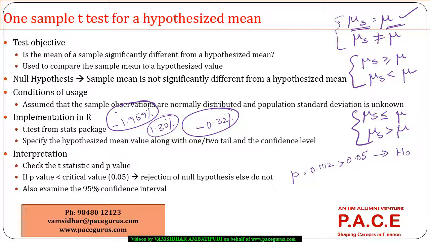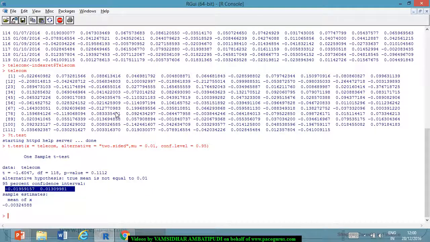So this is the typical interval. I can say with 95% confidence that the monthly return of the telecom sector could be between minus 1.96% to 1.3%. So that's how the telecom sector's returns have been with a 95% confidence level. Right?